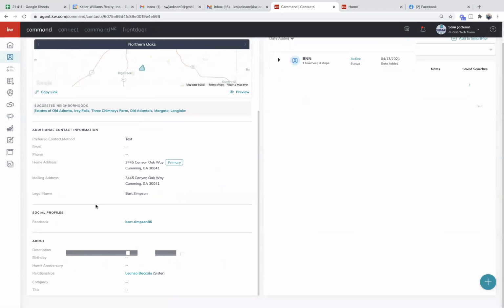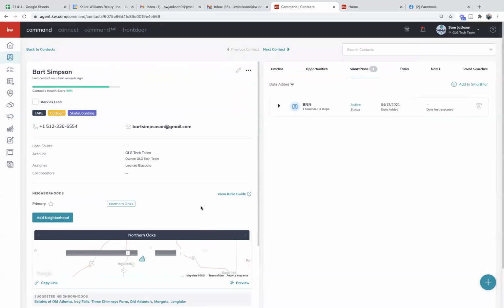Are we going to go over smart plans in one of your classes? Or should we just customize them per lead? No, so the goal of smart plans is that you can send them to the masses and then the technology will customize it. So when that smart plan goes out, and I'll talk about this on Thursday, it won't be a generic email that looks like it was sent to 1,000 people.